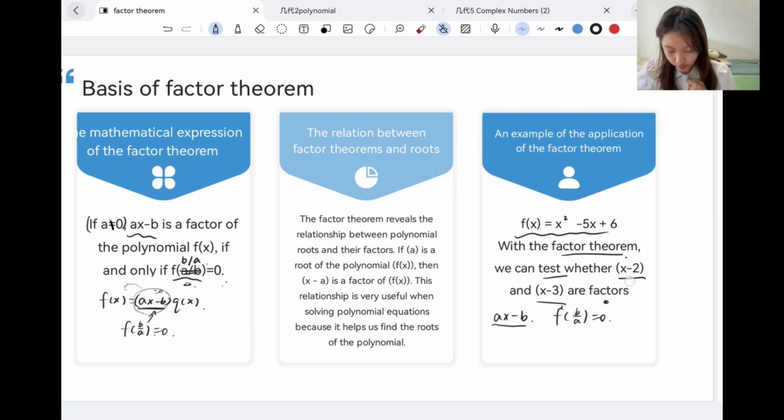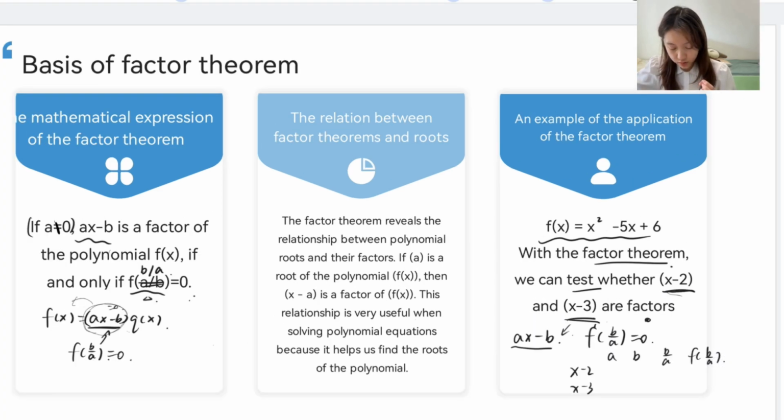So let's plug these two in. In x minus 2, a is 1, b is 2, and f(2) is equal to 4 minus 10 plus 6, which is 0.